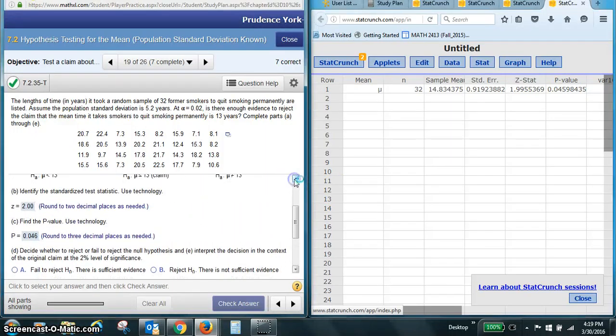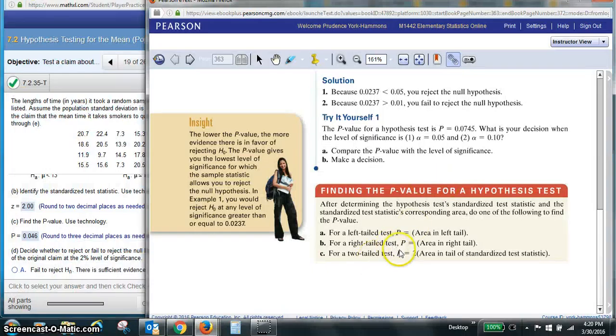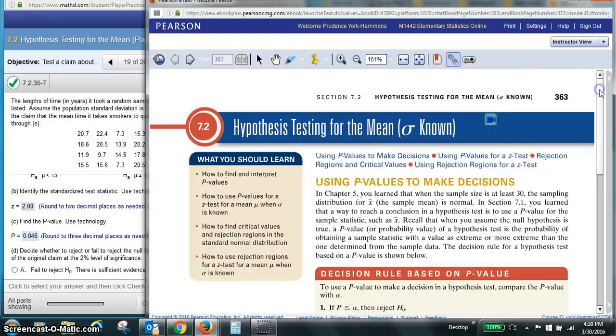Now let's compare our p-value of 0.046 to the alpha value of 0.02. Notice that this p is greater than alpha. Now if you remember from your text that, oh goodness, sorry, I went too far up.